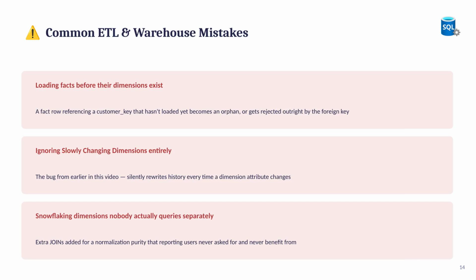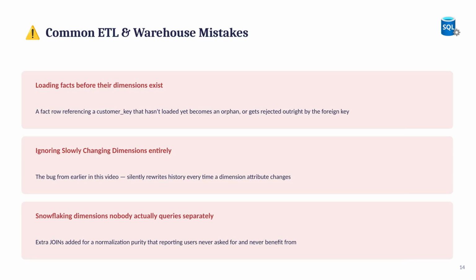Second, ignoring slowly changing dimensions entirely, the bug from earlier in this video, which silently rewrites history every single time a dimension attribute happens to change. And third, snowflaking dimensions that literally nobody ever queries separately, an extra join added purely for a kind of normalization purity that reporting users never actually asked for, and genuinely never benefit from in practice.